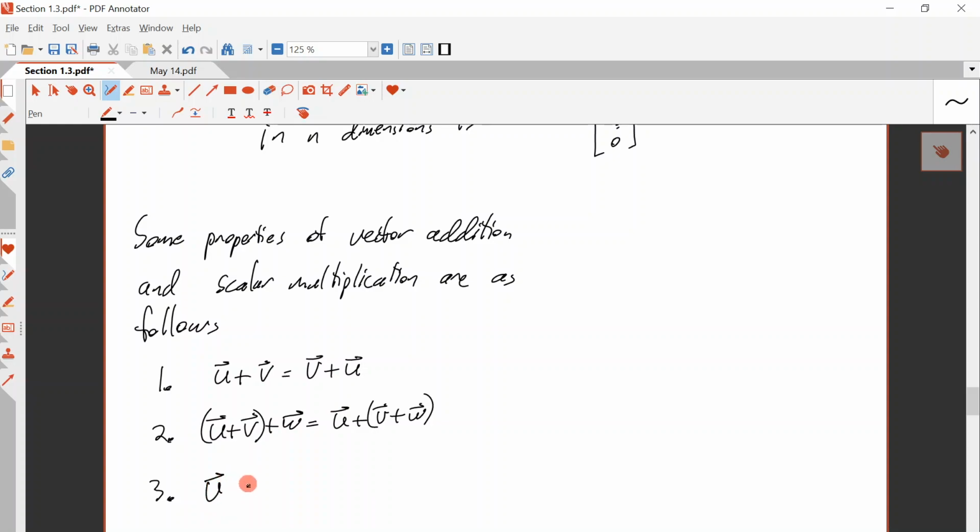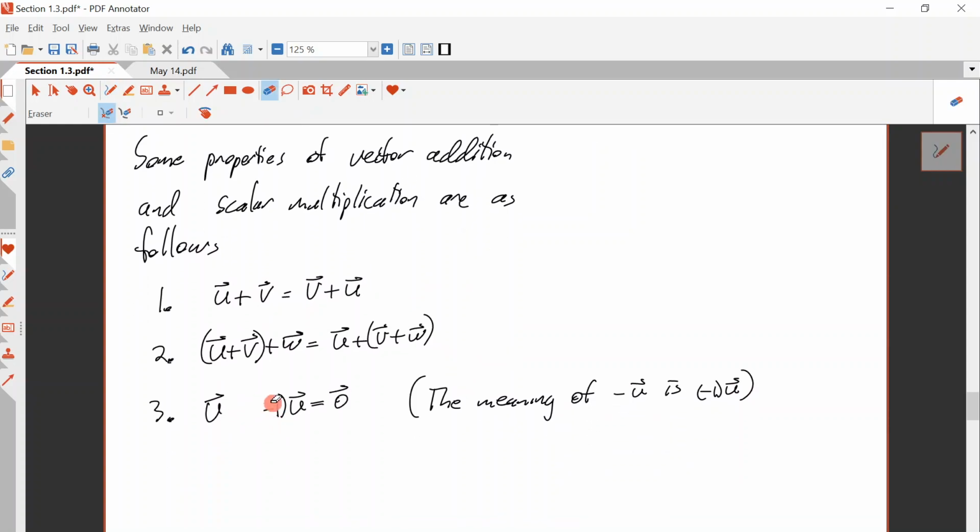There's a few other properties. u plus the scalar multiple of u with -1 is equal to the 0 vector, where by -1 times u, we mean the negative of u. Okay. So maybe I could write it like this.